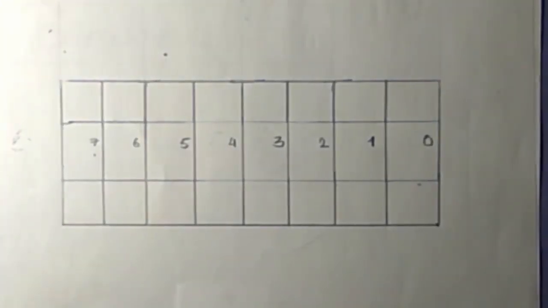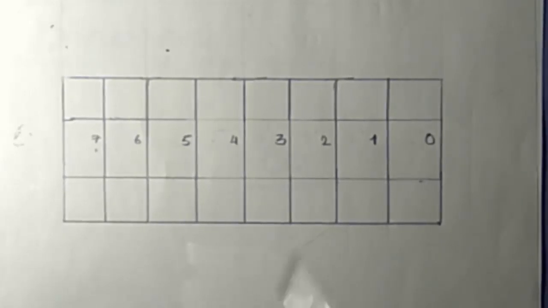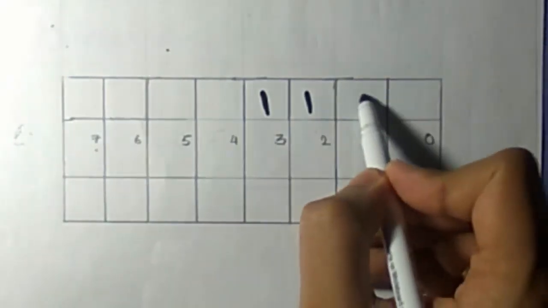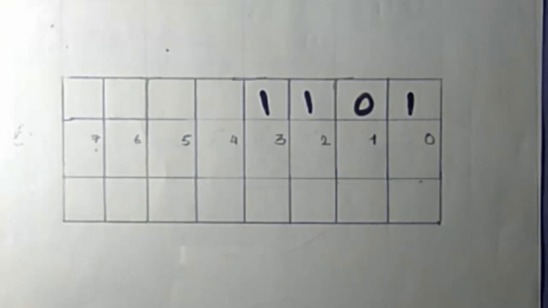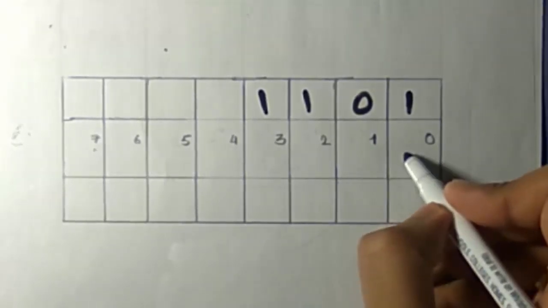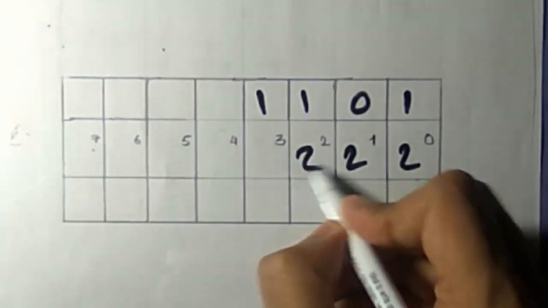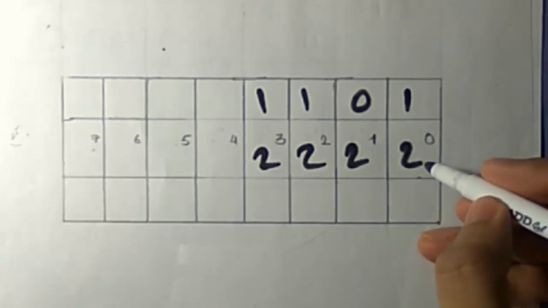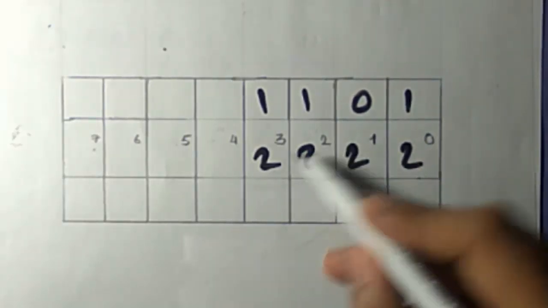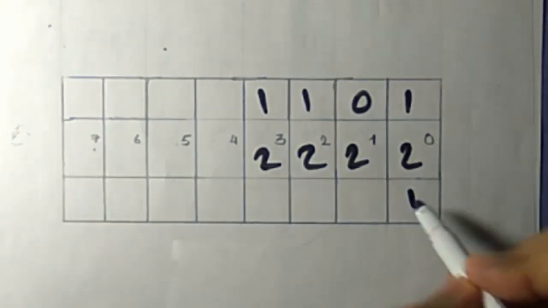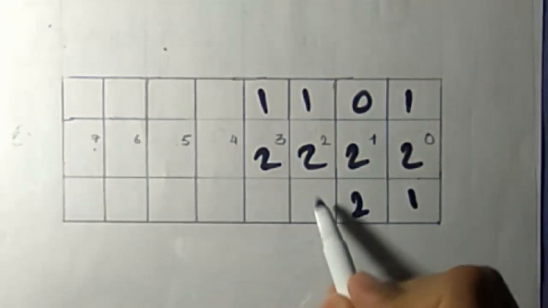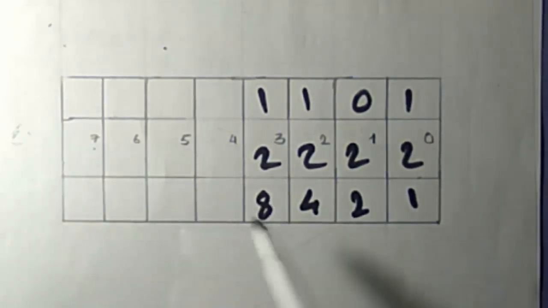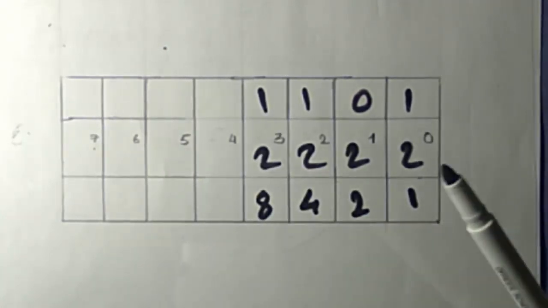For instance, let us consider a random binary number 1101. Now in binary we have base as 2. Now let us calculate value of each bit. Like 2 raised to 0 is 1, 2 raised to 1 is 2, 4 and 8 and so on and so forth. Let us consider only 4 bits.